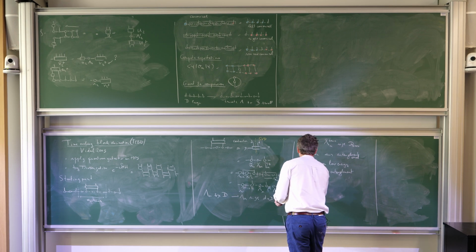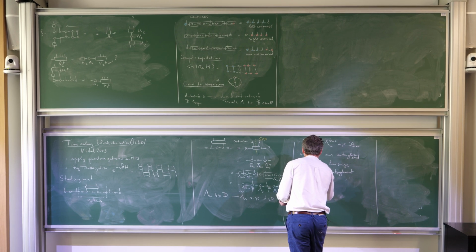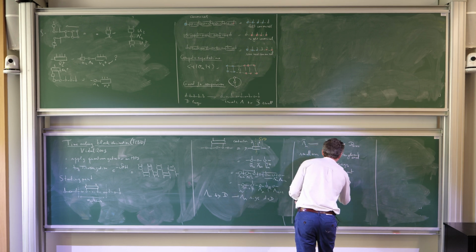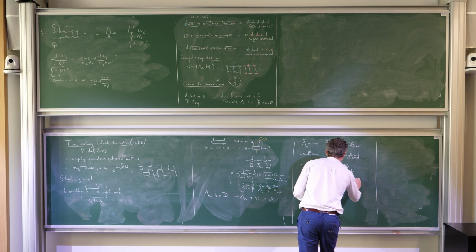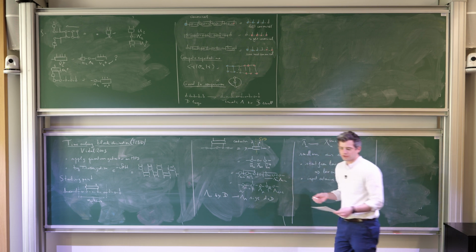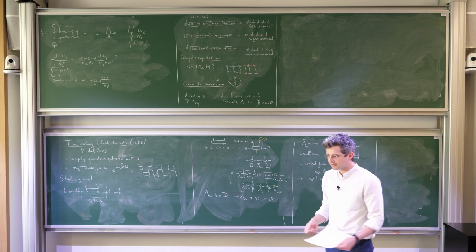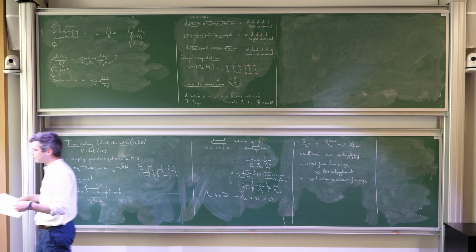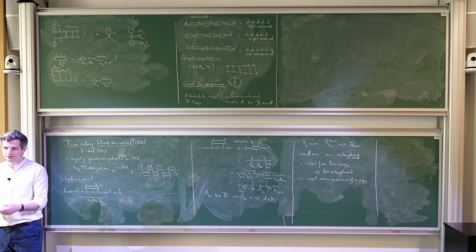Now, where it breaks is if you inject an extensive amount of energy. So what I mean by that is that the amount of energy you inject in the system is proportional to its size. Or rather, if you like, you increase the energy density and not just the energy.